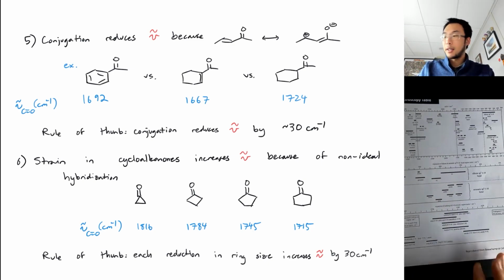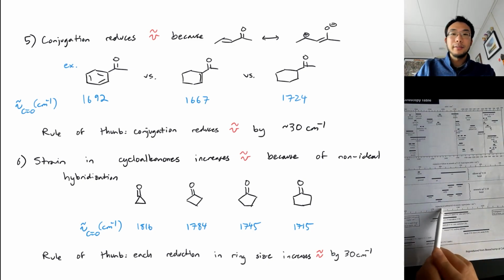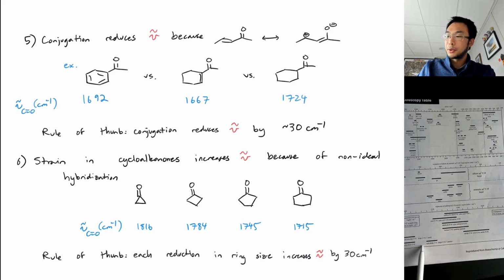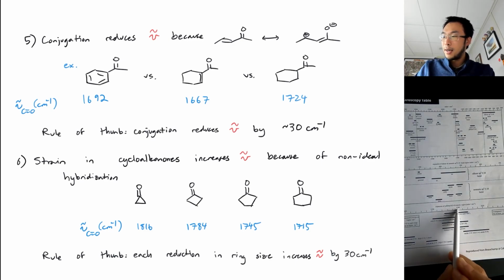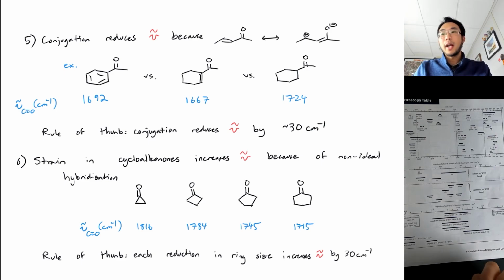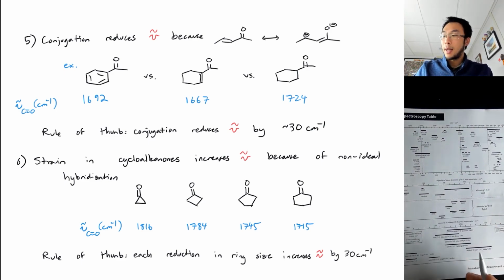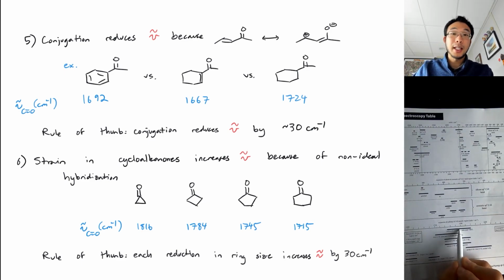For example, my bottom table here, these are ranges given for typical carbonyl functional group stretches. And right away you can see that the carboxylic acid, ester, aldehyde, ketone, amide, they all could potentially be in certain regions, right? The way I use these data tables is to take the average or the center of this range, have that be my baseline in my head, and then work from there.